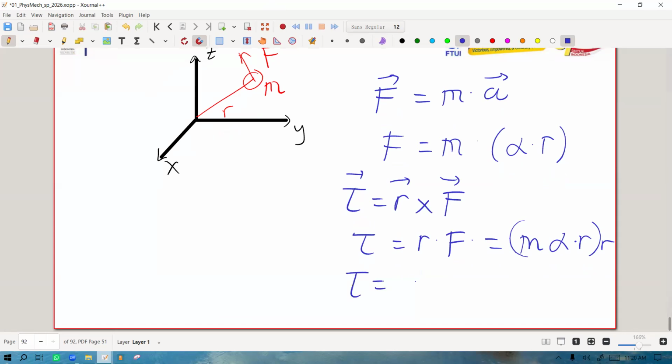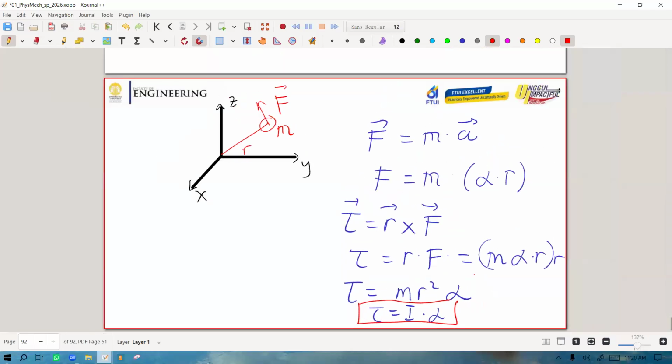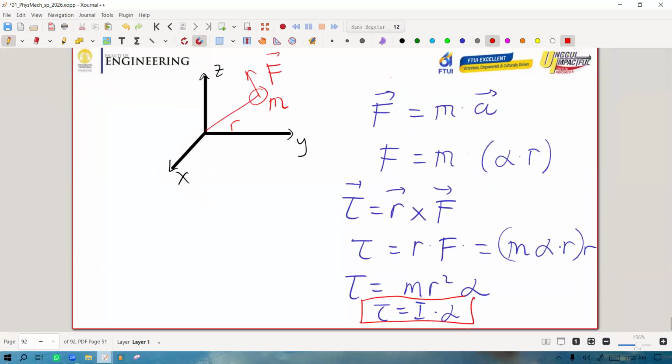So tau is m r squared times alpha. m r squared is the inertia, right? So tau is inertia times alpha. This one is Newton's second law in rotation. This one is Newton's second law in linear motion: force is mass times acceleration, but in rotation, it is I times alpha, inertia times angular acceleration.